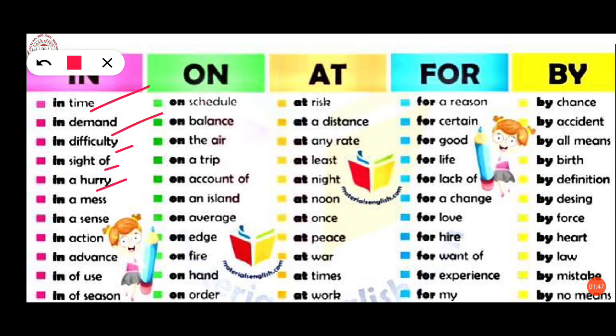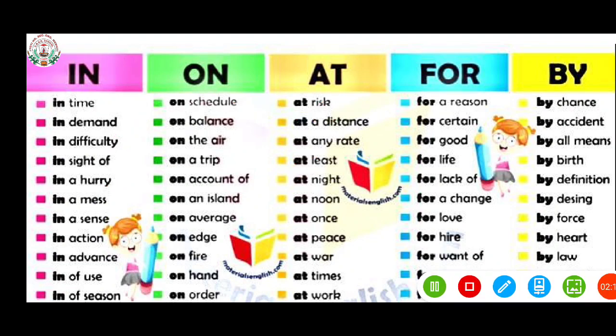If we want to use on: on schedule, on balance, on the air, on a trip. Like if we want to use at: at risk, at a distance, at any rate, at least, at night. All these are nouns, and before that we have to use a preposition. Likewise for is given and by is given.